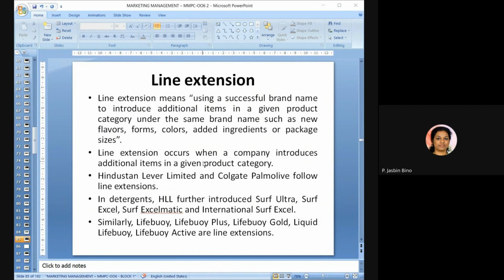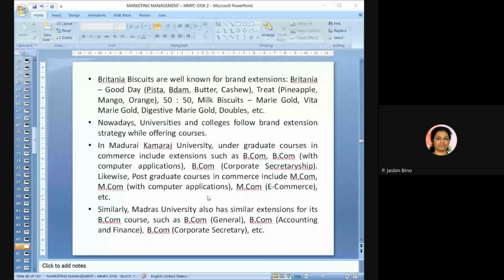I taught you this before. They will have the same product line, the same product, with different variants: new flavors, new forms, new colors, added ingredients, different package sizes. This is line extension. Line extension occurs when a company introduces additional items in the given product category. Hindustan Lever Limited and Colgate Palmolive follow this line extension. These are some examples of line extensions.